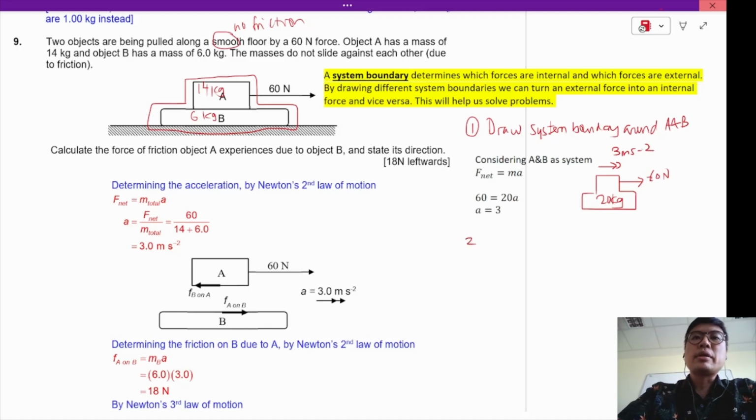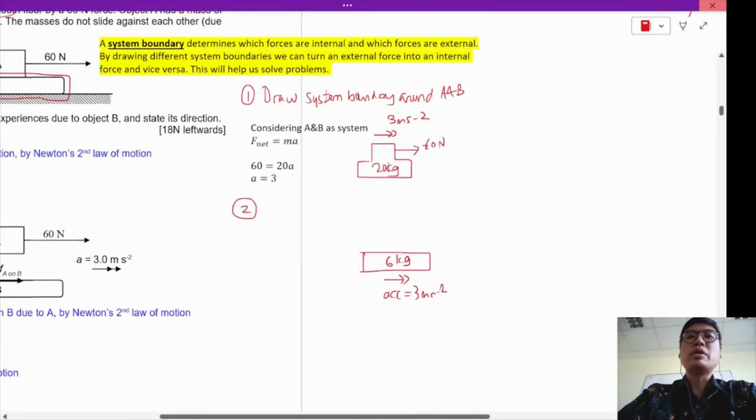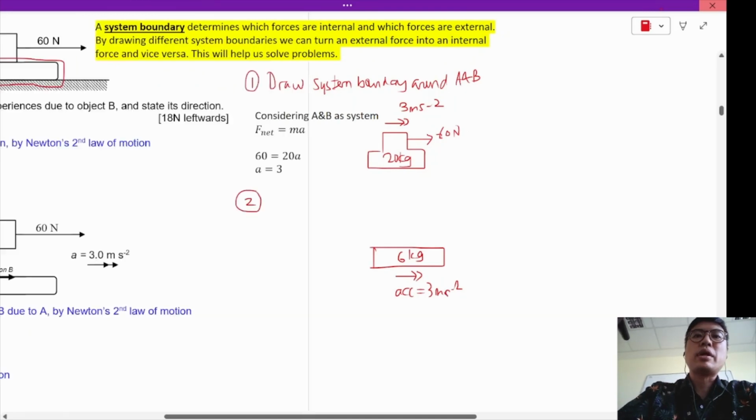Now, let's take a look at the second part of the problem. Now that we've drawn a system boundary around A and B, it is possible to draw a system boundary around B alone. If we draw a system boundary around B only, it's 6 kilograms. Let's talk about the forces acting on B. The acceleration of B is 3 meters per second squared to the right.